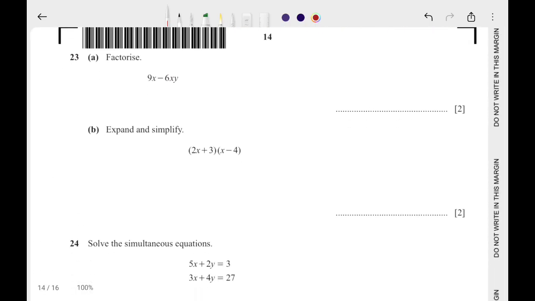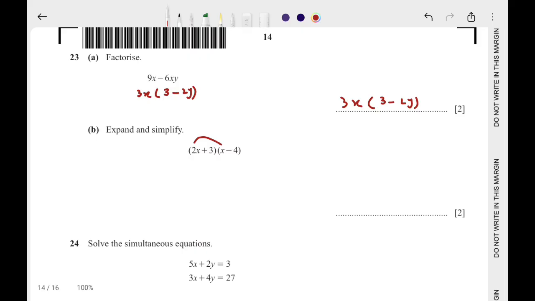Next question, factorize. We have to take 3x as common. It will be 3 minus 2y. This is the answer. Expand and simplify. It means that we have to open the bracket by expanding, and also we have to collect the like terms.